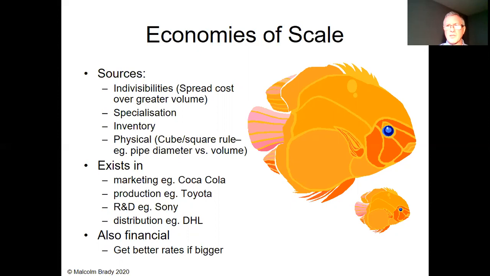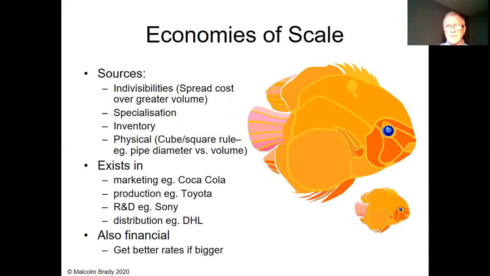So the cost of that manager is spread over 5 times the volume of business. So that can be an economy of scale for the larger retailer. Okay, due to that indivisibility, it's difficult to have half a manager, although some firms can divide a manager's time among different outlets and so on. But in general, it's difficult to have half of a manager. And there are certain things you can't really have half of. So those indivisibilities lead to economies of scale.